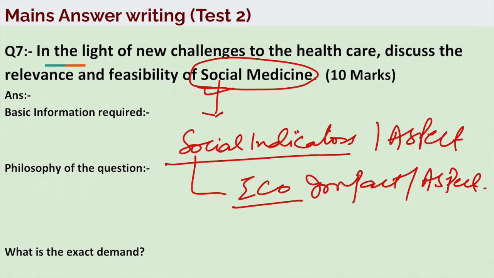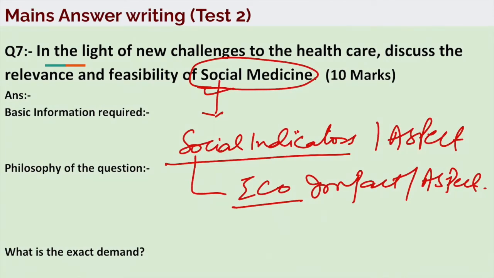So my answer will revolve around the socio-economic imperatives of the new challenges of healthcare, and how this understanding of social and economic aspects can help in creating a healthier society, a better condition in which we can survive without any disease. So we have an understanding of social medicine like this.